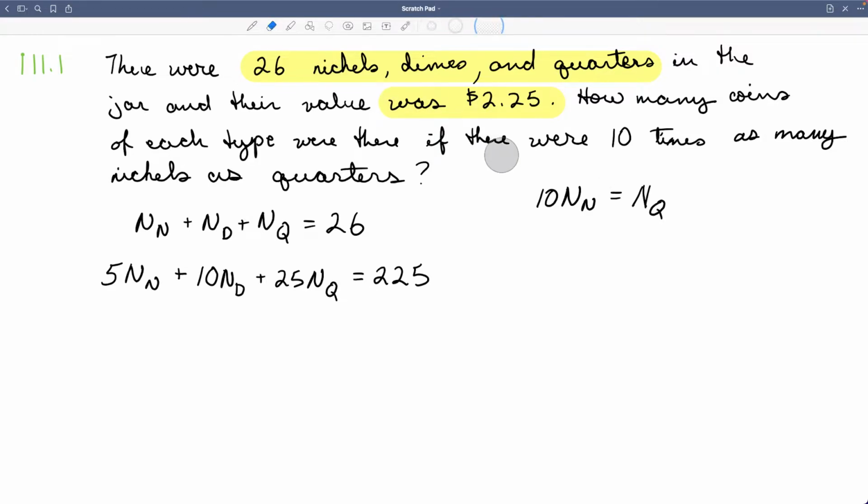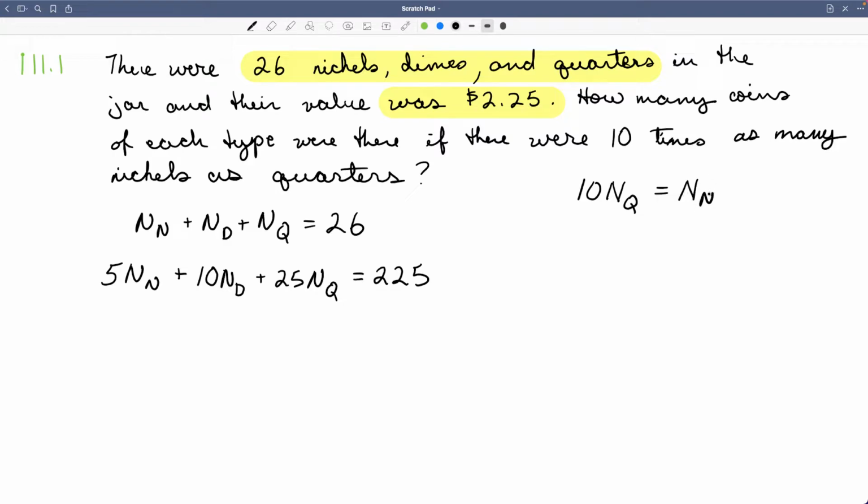No, that's not right. If there were 10 times as many nickels as quarters, then I would need to say 10 times the number of quarters, right? Yes. So 10 times the number of quarters is how many nickels there were. Sometimes you have to talk it out loud.